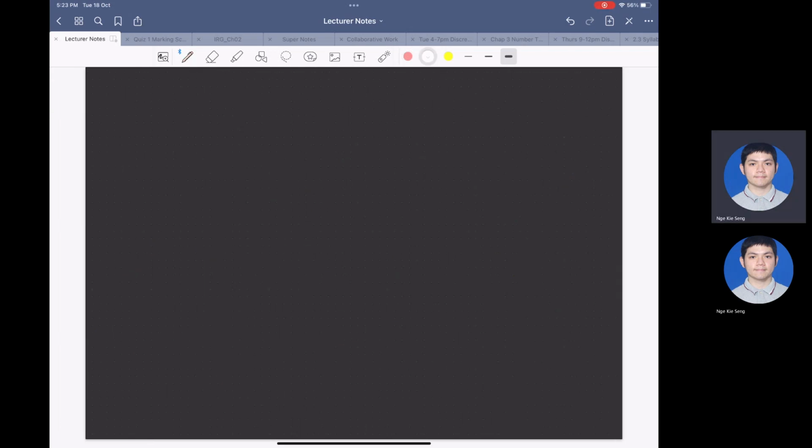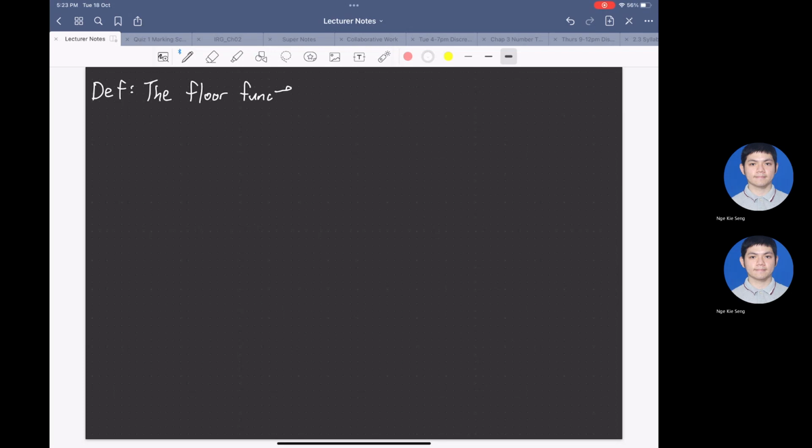Next, there are two important functions maybe you want to learn. One is called the floor function, which is denoted by this.